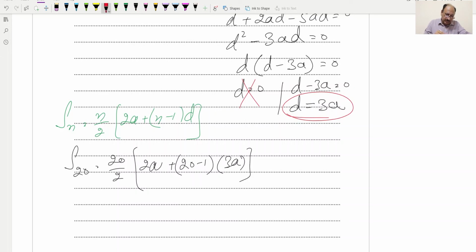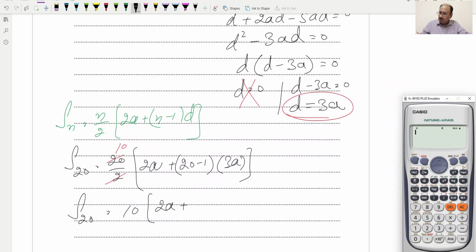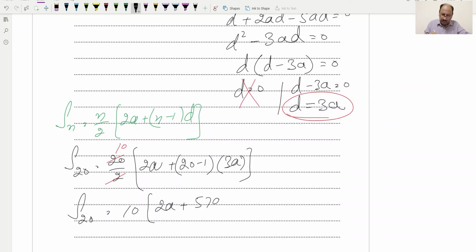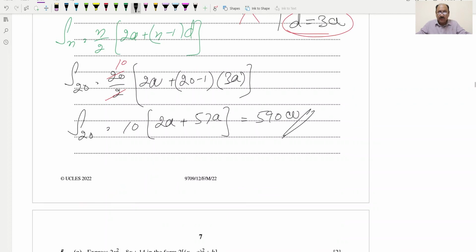Now this will be cancelled by 10, and further we can write S20 is equal to 10 into 2a plus 19 into 3, so 19 multiplied by 3 will be equal to 57, so 57a, which implies this is equal to 59a into 10 will be 590a. So S20 will be equal to 590a, which is done.